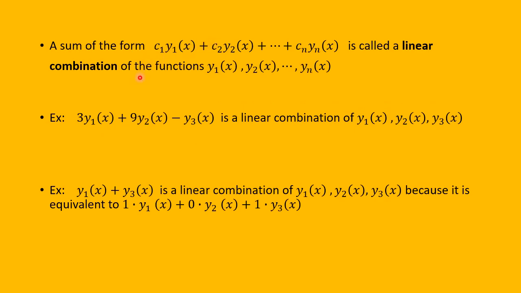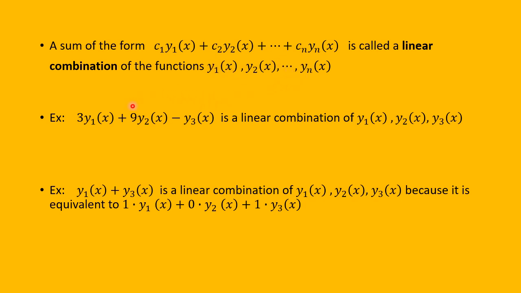Let's talk about the concept of a linear combination. A sum of the form c1 times y1 of x plus c2 times y2 of x plus c sub n times y sub n of x, where these c's are constants, is called a linear combination of the functions y sub 1, y sub 2, all the way through y sub n of x.